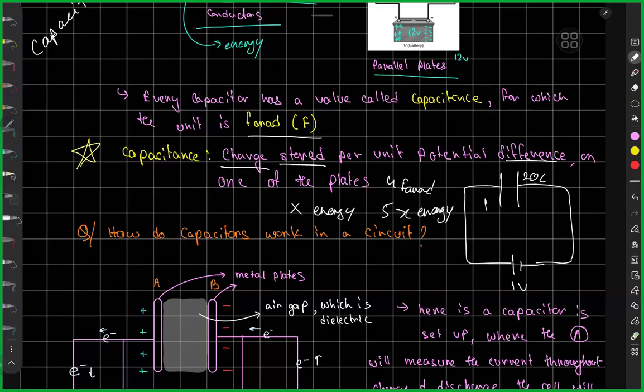So while the potential difference is still 1 volt, it has separated more charge, 20 coulomb worth of charge on one plate, and it has stored more energy. That's the key over here. It has simply separated more charge, hence stored more energy.